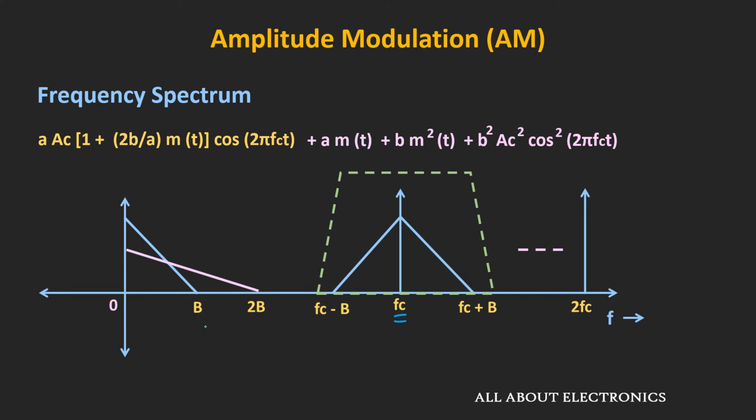In this case, if you see, this Fc minus B should be much greater than 2B. From this we can say that the carrier frequency Fc should be much greater than 3B, right? So while designing the bandpass filter, we also need to keep this in mind. So in this way, using the square law modulator, it is possible to generate the AM wave.